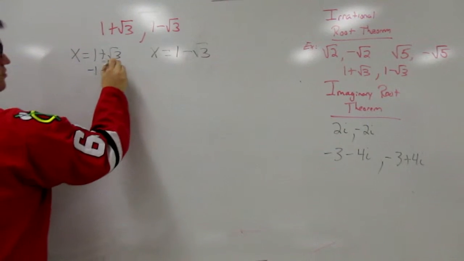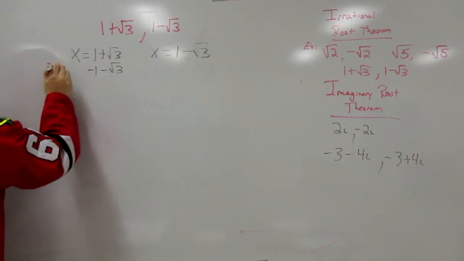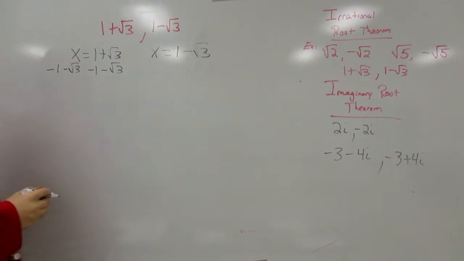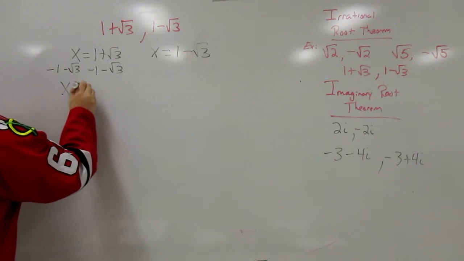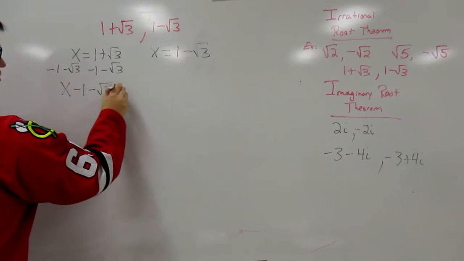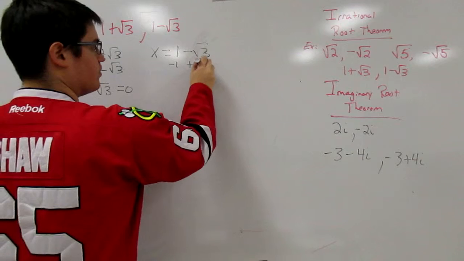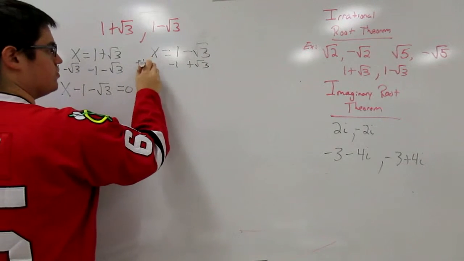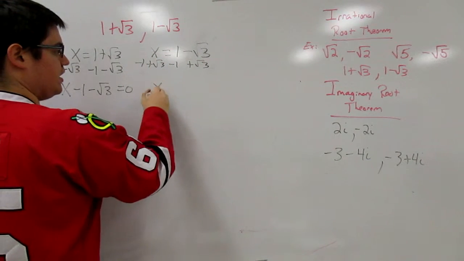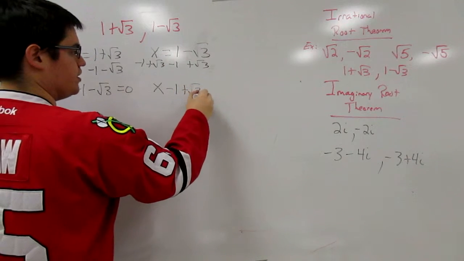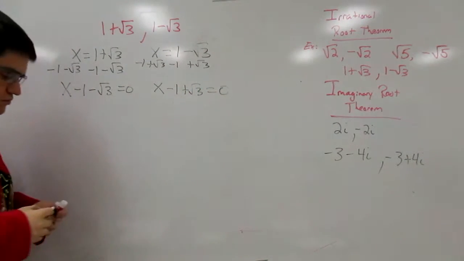I'll have x minus 1 minus square root 3 equals 0, and x minus 1 plus square root 3 equals 0.